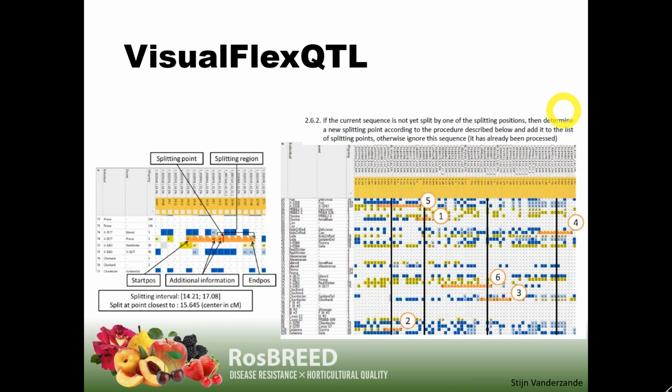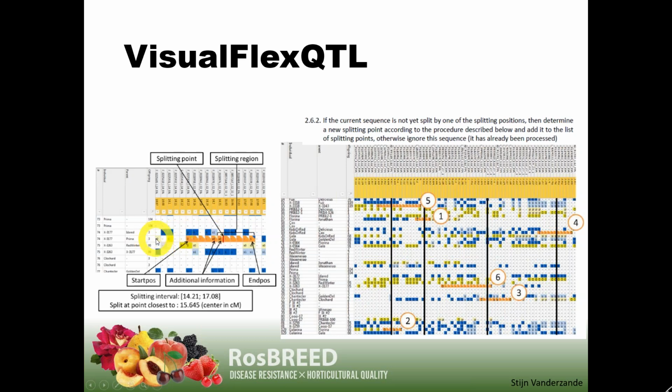Then how do we do it? We do it with historic recombination and Visual FlexQTL. If you remember last week's session, we can see the recombination. We can see where a chromosome came from, and blue meant that for this individual, it came from Idaret, and in Idaret, blue means it came from the father of Idaret, whereas yellow would have meant it came from the mother of Idaret.